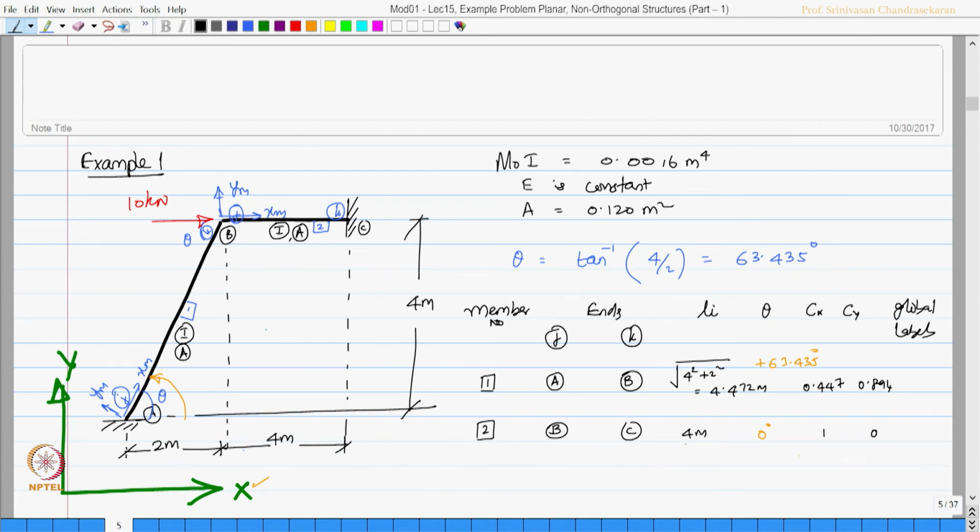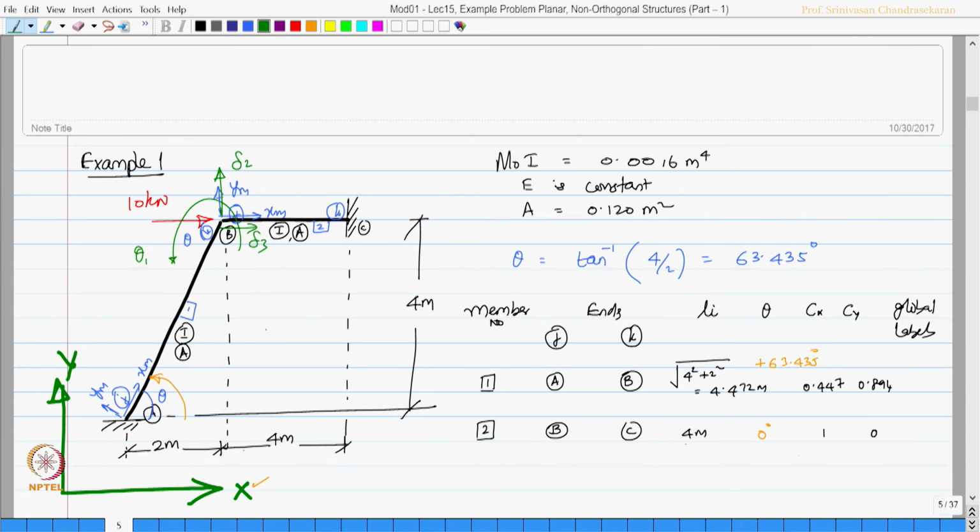Okay. Let us now enter the global labels. Before that, let us mark restrained and unrestrained degrees of freedom. So, let us mark unrestrained degrees in green. Let us say there will be a rotation here which I am marking as theta 1. There will be a horizontal displacement here and vertical, so delta 2 and delta 3.